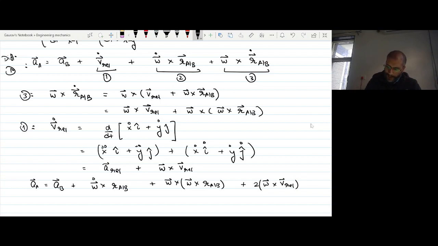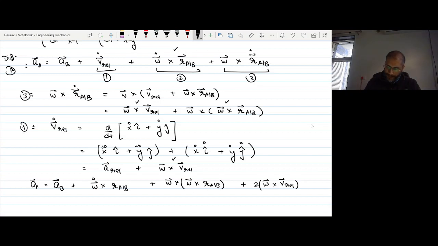So we see that this omega dot cross RAB was this term, and then we had omega cross omega cross R, which was coming from the omega cross R dot term. Next we have the omega cross V rel, but we had two of these, one coming from term number 3, the other coming from term number 1.